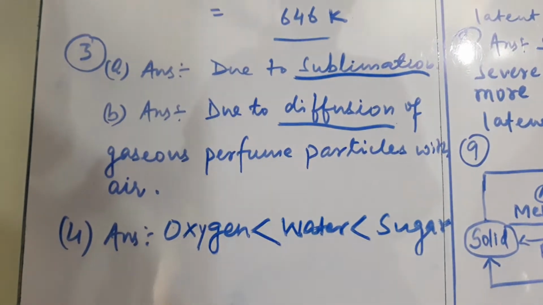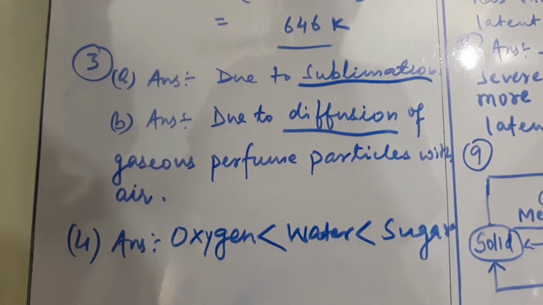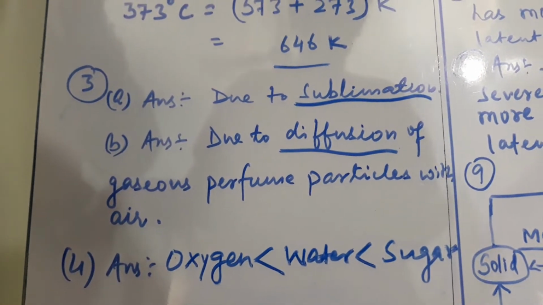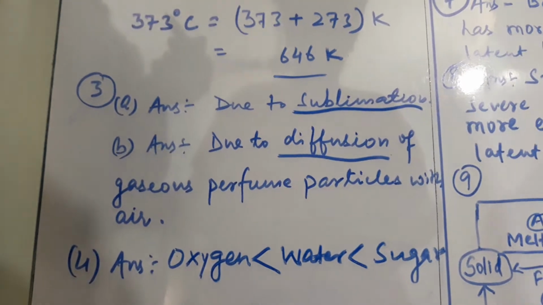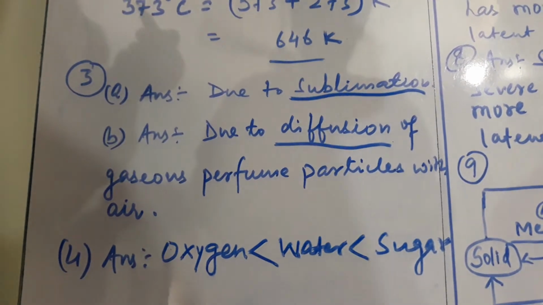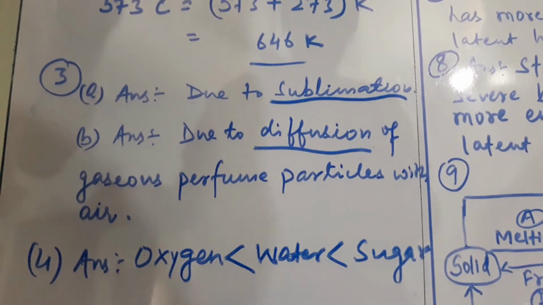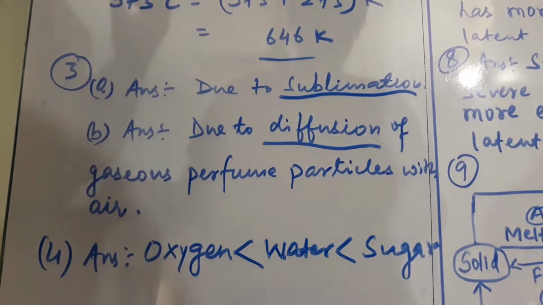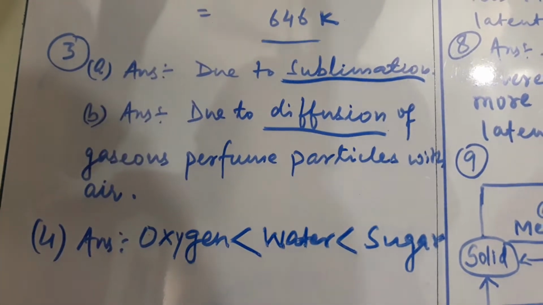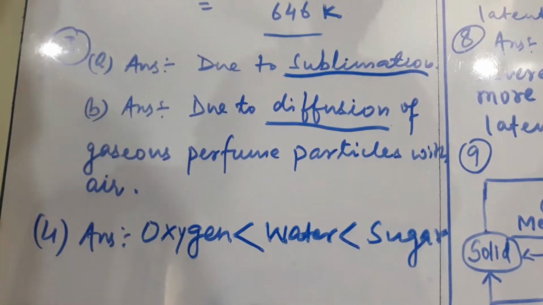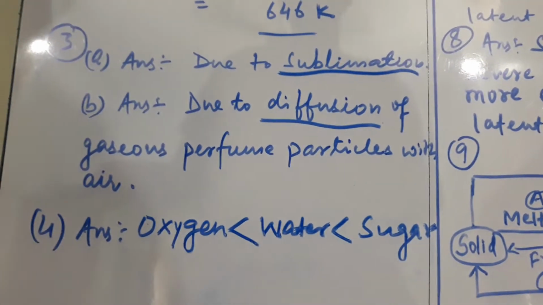The second one is: we can get the smell of perfume sitting several meters away. See, we get the smell of perfume from several meters away. Here the reason is diffusion. The particles of perfume mix with the air, and this is called diffusion.